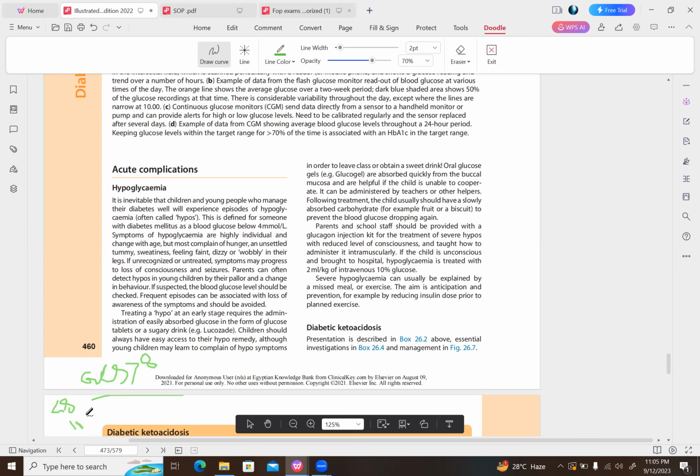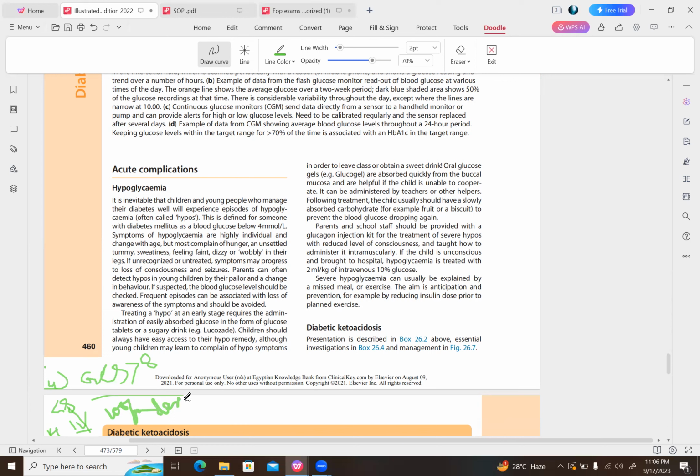If the patient is unconscious and the glucose levels are below 4 — remember this 4 — and GCS is less than 8, then you give IV 10% dextrose.